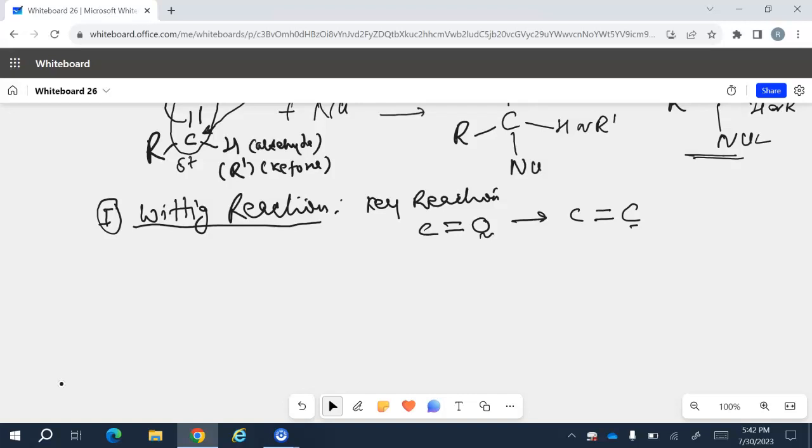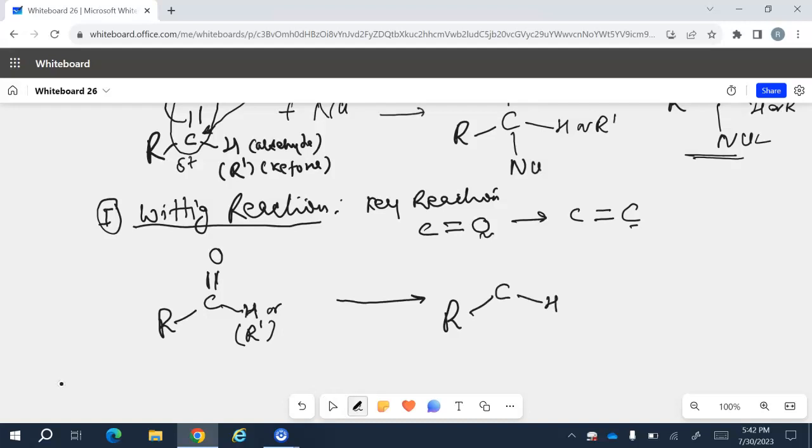So let us try to talk a little bit about the reaction. In this case, say for example, you have RC double bond O. It can be an aldehyde when the attached group is hydrogen, or it can be a ketone when the group that is attached is R prime. Now, we want to convert this C double bond O group of the aldehyde or ketone to carbon double bond carbon.